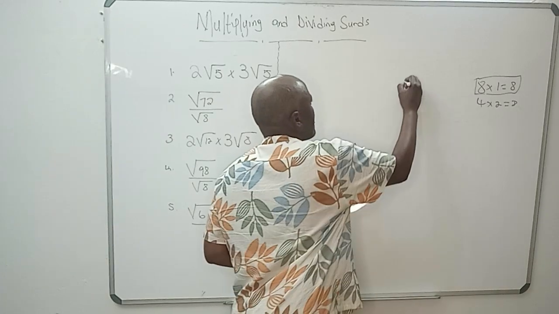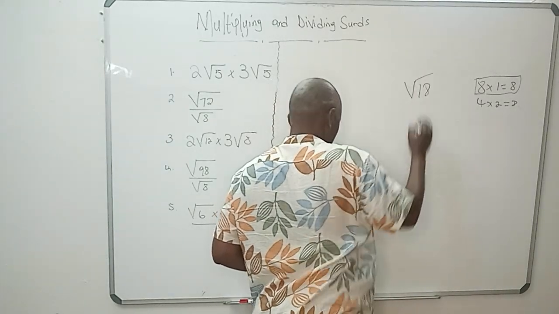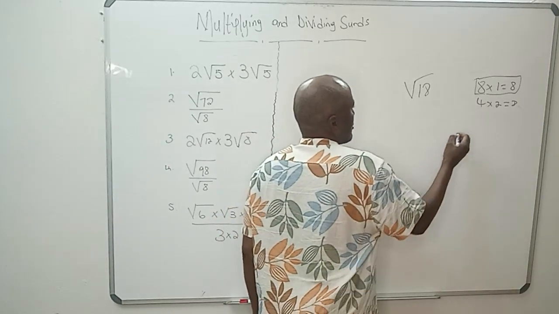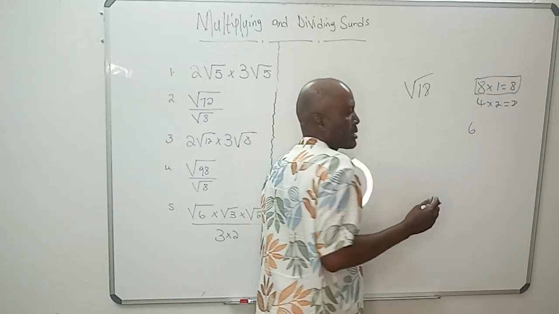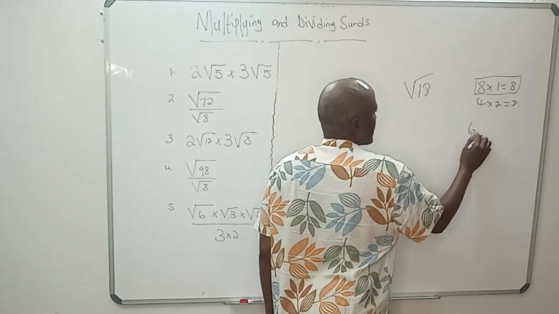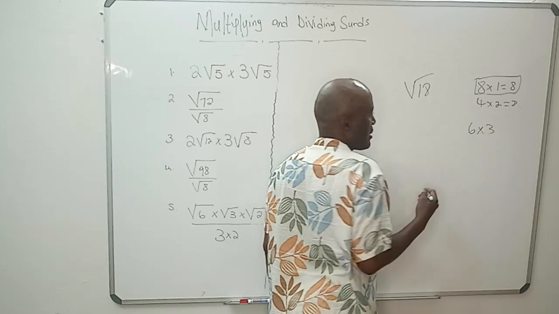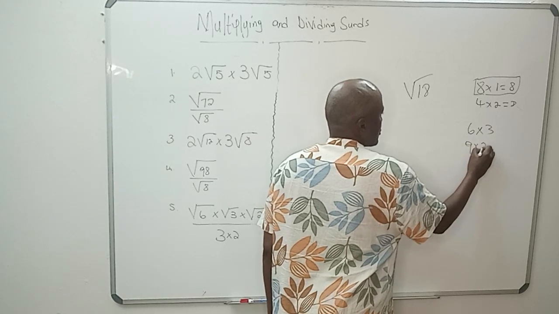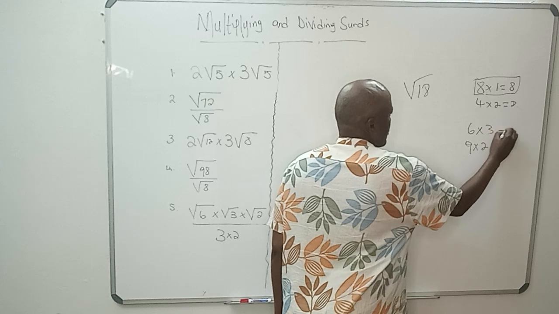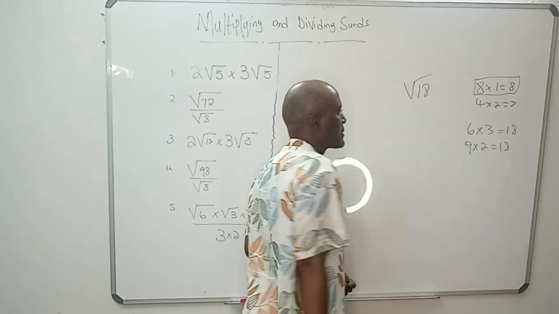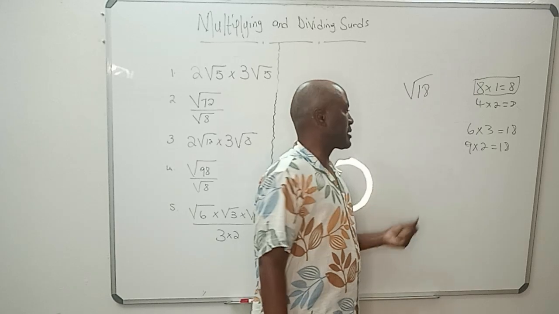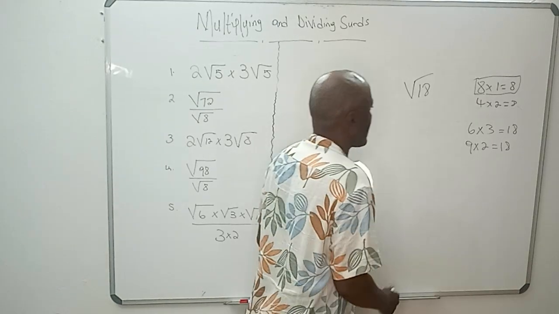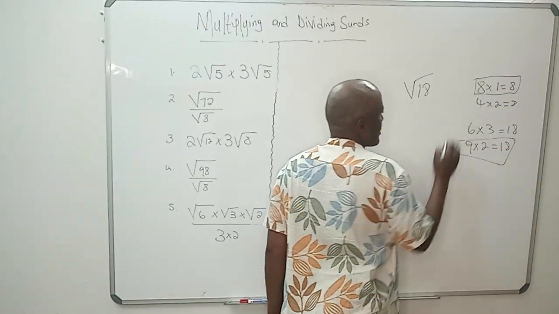Now, what is the square root of 18? Someone will say we can find factors by writing 6 multiplied by 3. I agree. Another one will say 9 multiplied by 2. I agree. Both of them give us 18. But we are going to take those factors that consist of a perfect square and a prime number, which is this one.